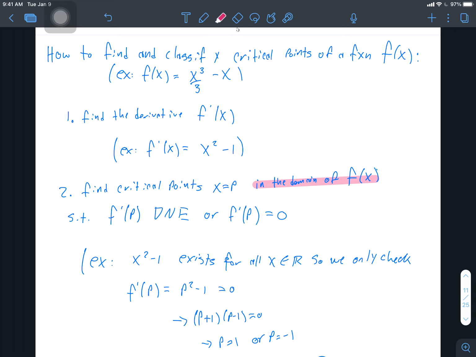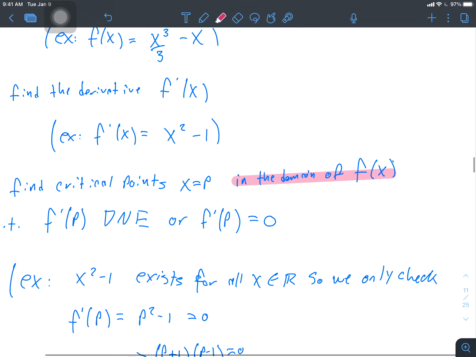So if f of x is a function and there's a point which is not in its domain, for example, if f of x equals 1 over x, the domain of this function is x should not be 0.